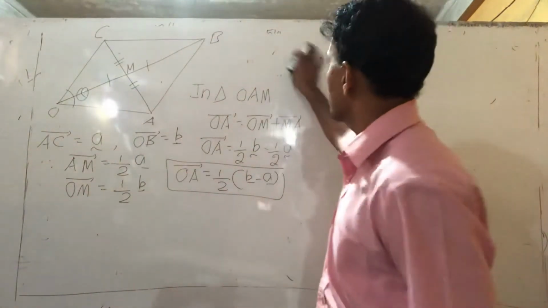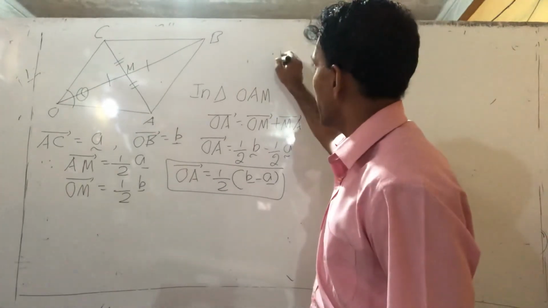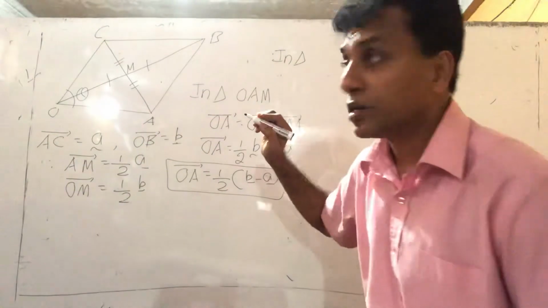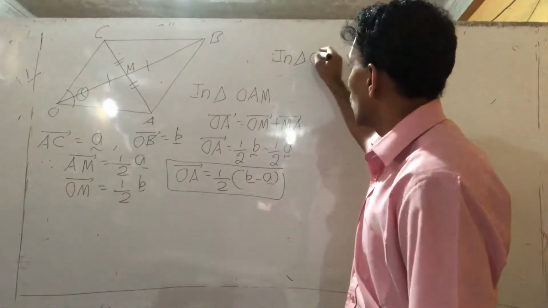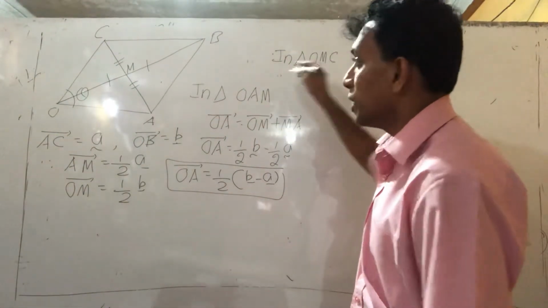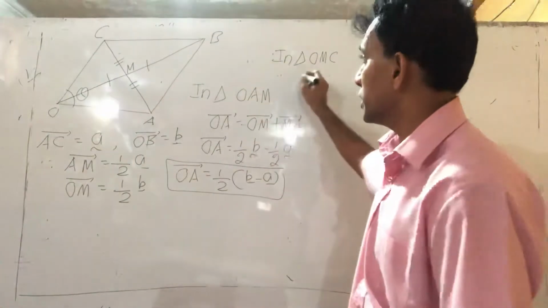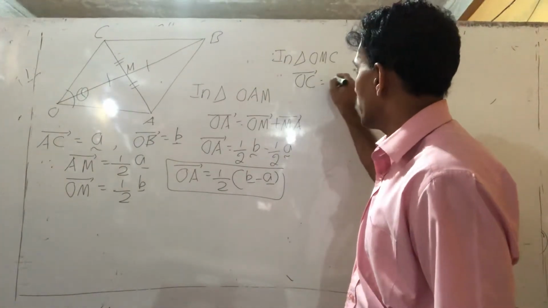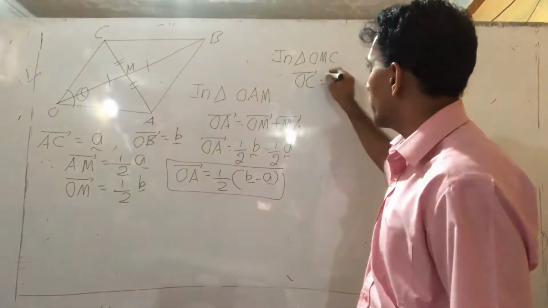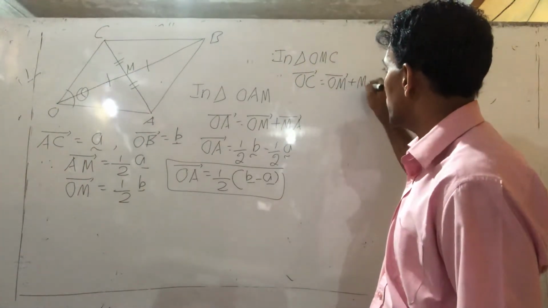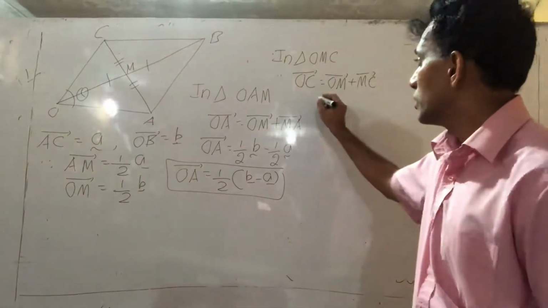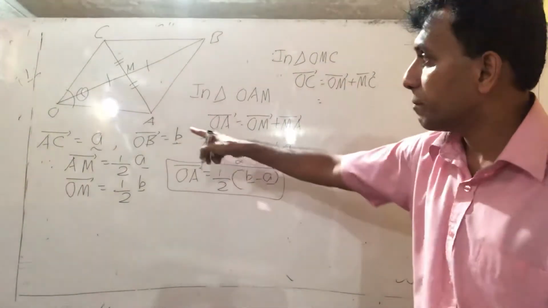Now come back. In triangle OMC, OC vector equal to what? OM vector plus MC vector. So what is OM?